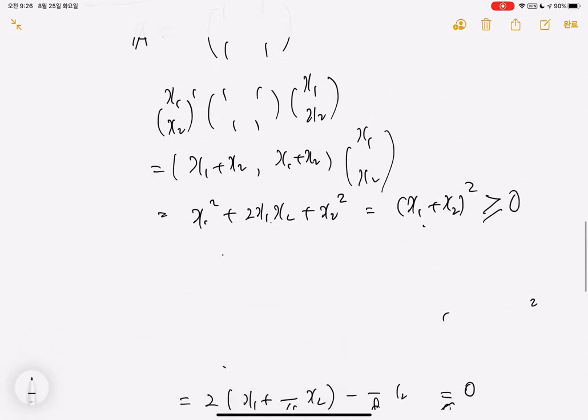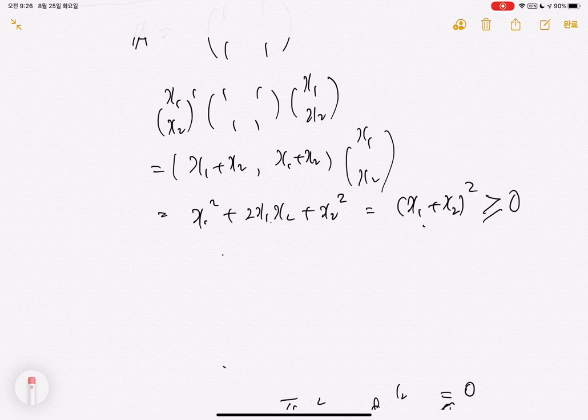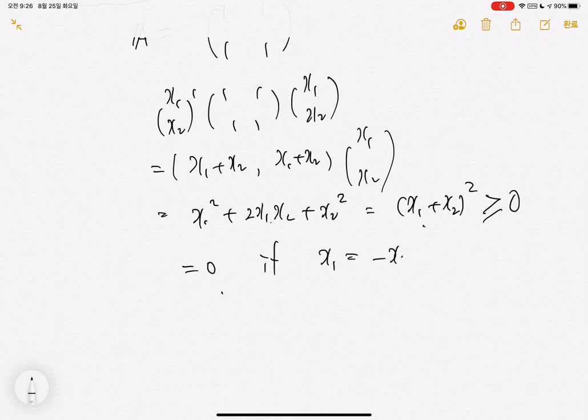But unlike the positive definite case that we discussed, this is 0 if x1 is minus x2.